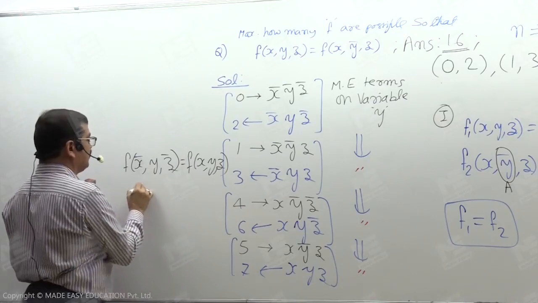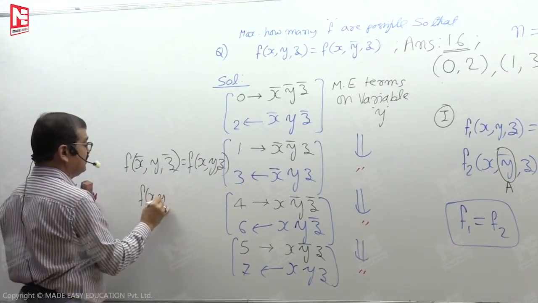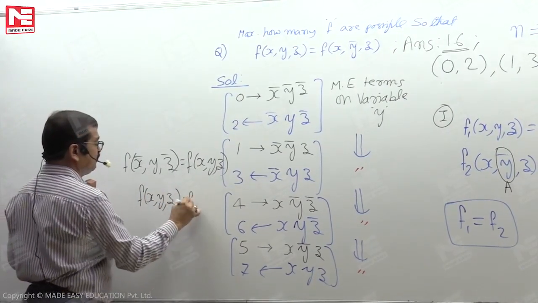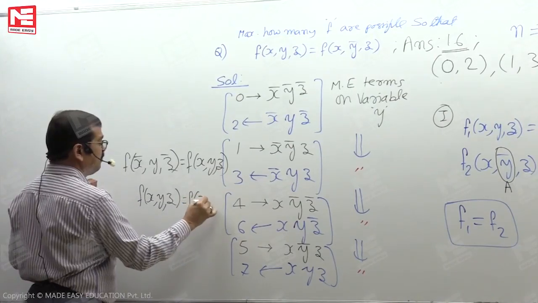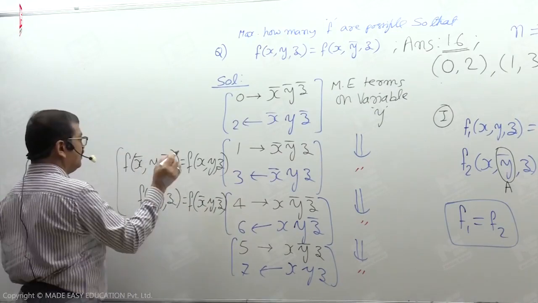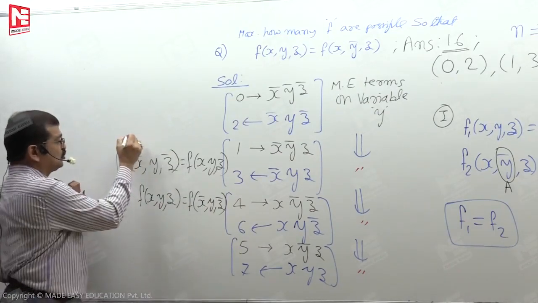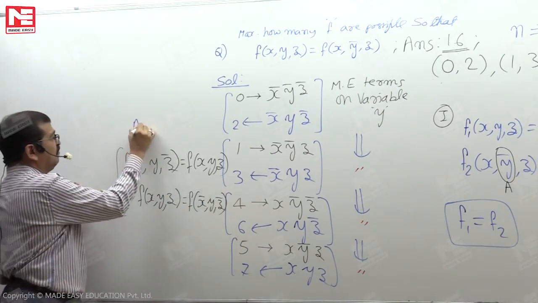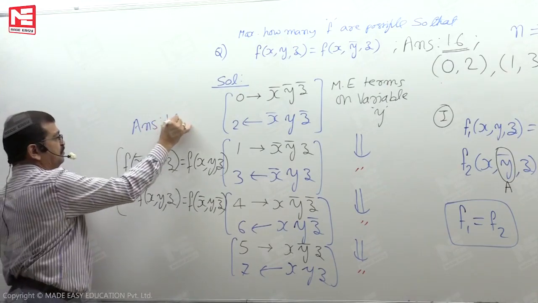Either way, how many functions are possible so that f of xyz is equal to f of x complement y z complement? Either way, it is one and the same. Even the answer to this question, if you try it like this, will be only 16.